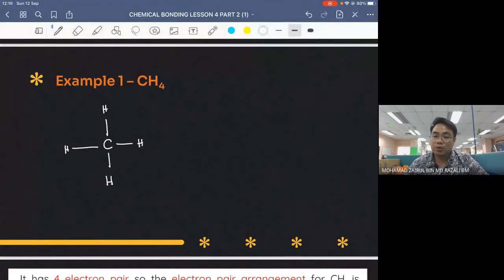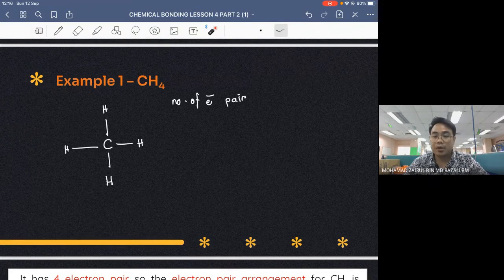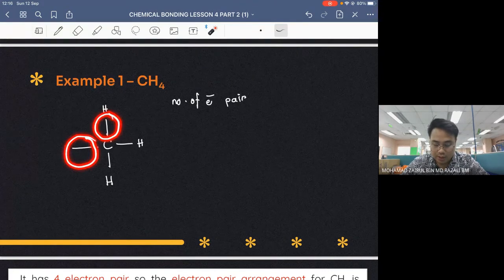If you look at the Lewis structure of CH4, the electron pair group, ataupun the number of electron pairs dia, kita tengok. Remember that one bond, ataupun single bond, dikira sebagai one electron pair. So we have 1, 2, 3, 4.